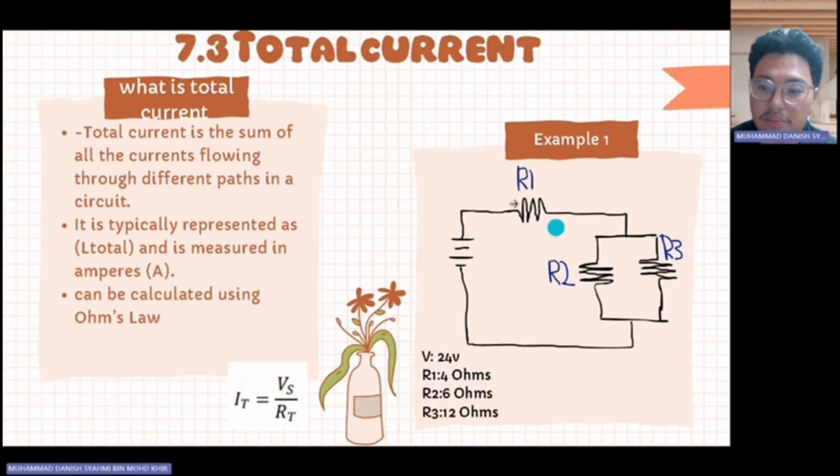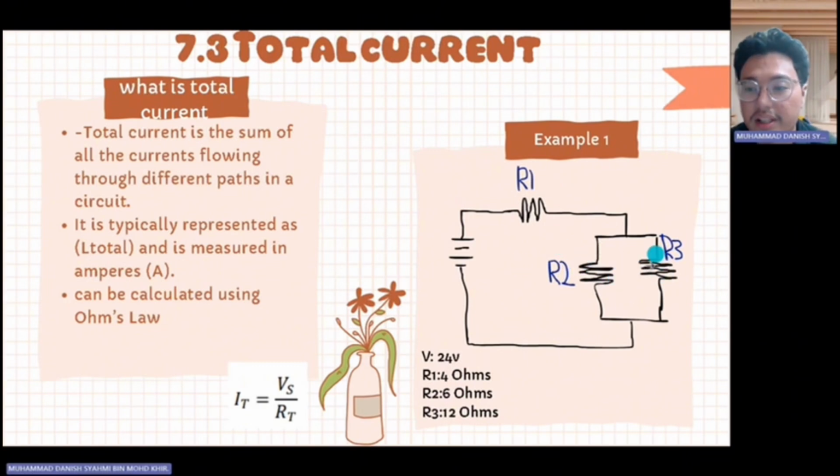First, look at this example. It is a combination circuit, parallel and series and parallel. We know there is R3 resistor, and we know that current in parallel, we need to add them, so we know the total current in the parallel form.